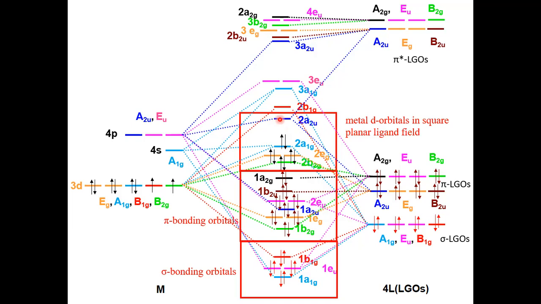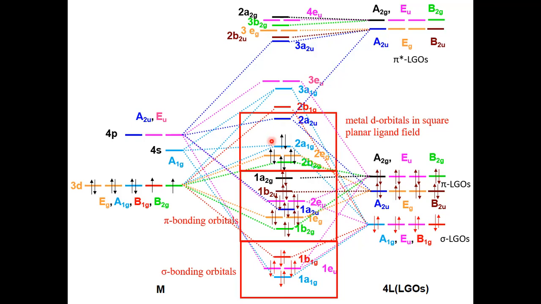So you see that the d8 electron configuration is actually ideal for the square planar geometry, because we have 16 valence electrons only, according to our electron counting method.